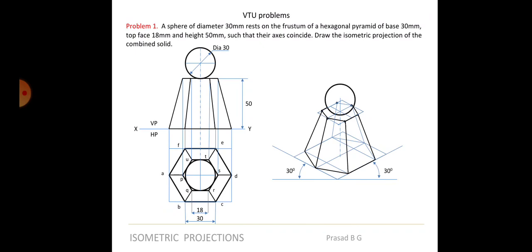Okay, so you can see a sphere is resting on a top of a frustum of a hexagonal pyramid. This is problem number 19 in your question bank. Okay, so we have finished another problem on the question bank, and I would like to do another problem in your question bank, but it is not the same question.